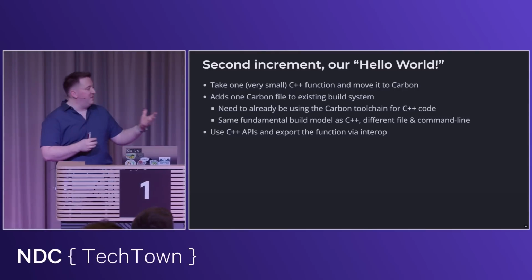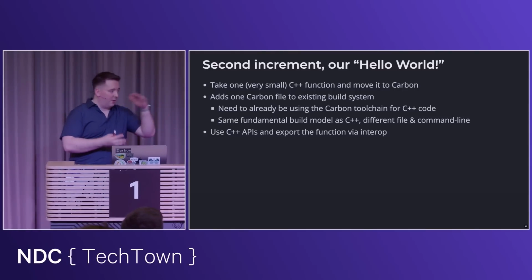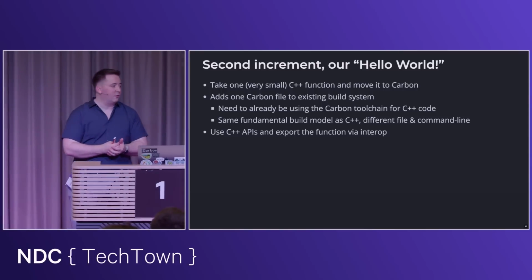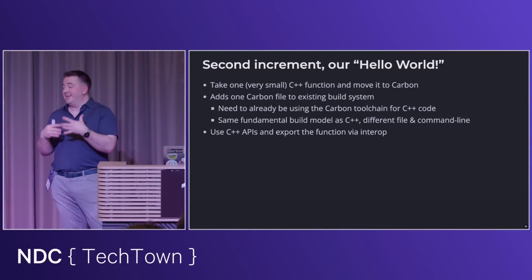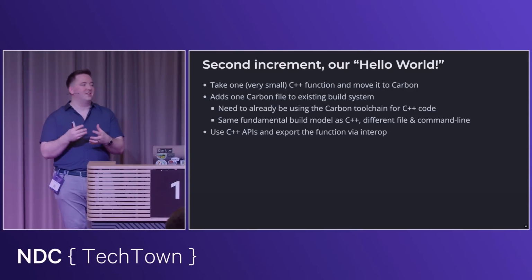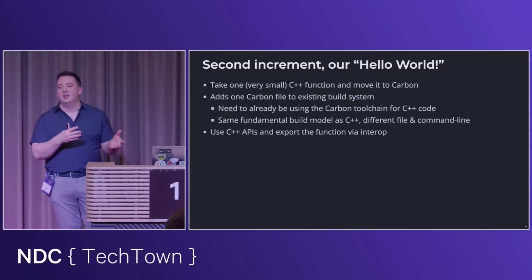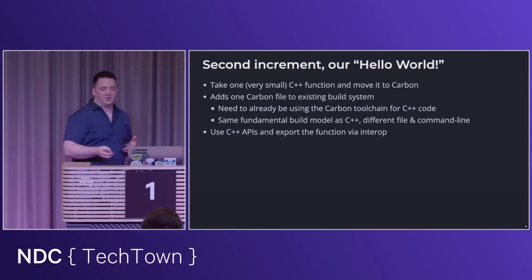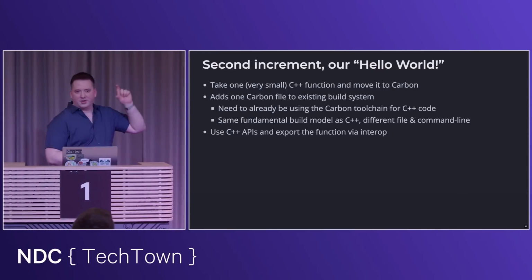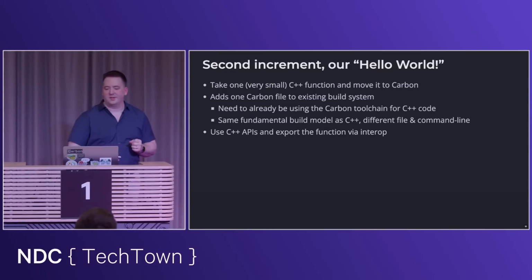You need to use some existing C++ APIs from this function that you're moving, so you're going to have to call your C++ code. And of course, I hope you're not moving a dead function into Carbon. You're moving one that actually has users, and so you also need the function you move into Carbon to be available to the rest of your C++ code, right? And so this is the first real test of Carbon from a migration stance.